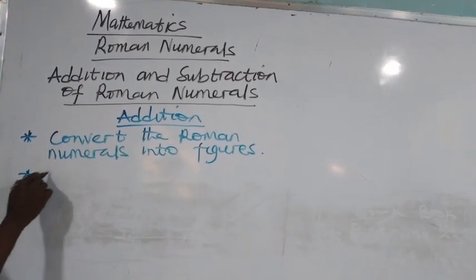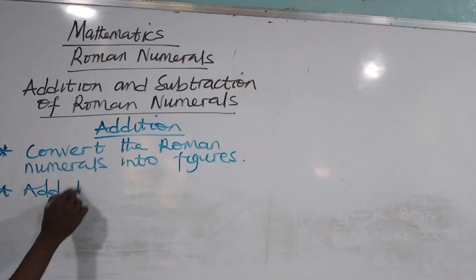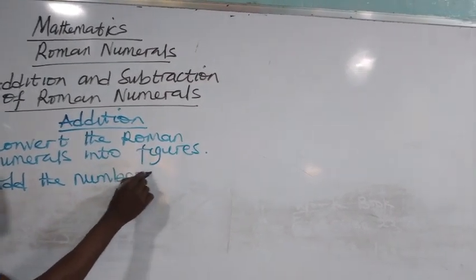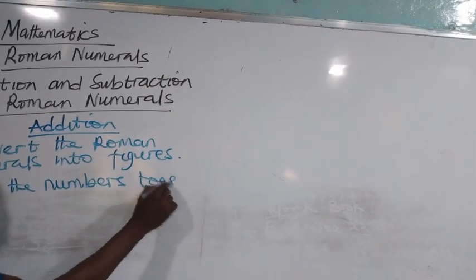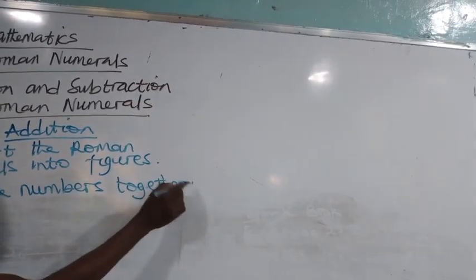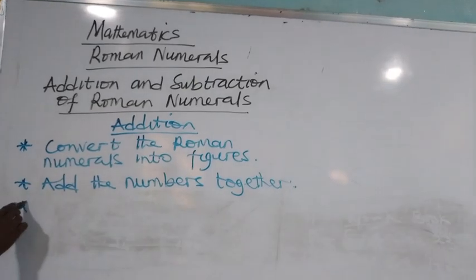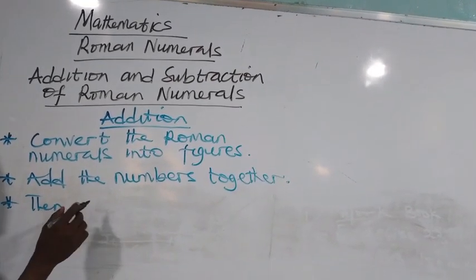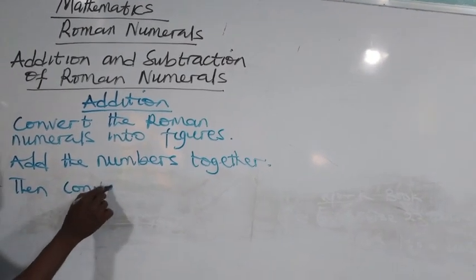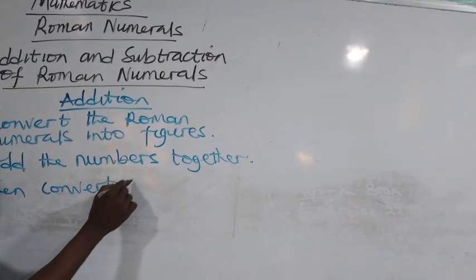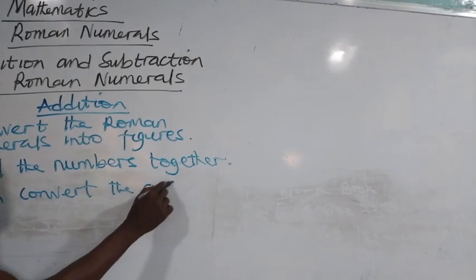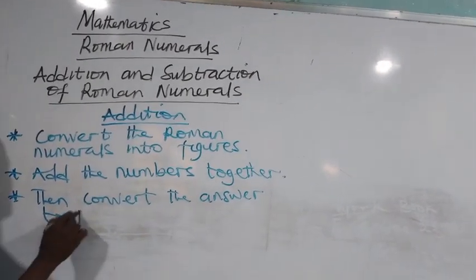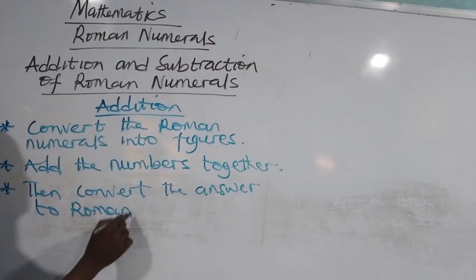Rule number two, add the numbers together. Rule number three, then convert the answer to Roman numeral.